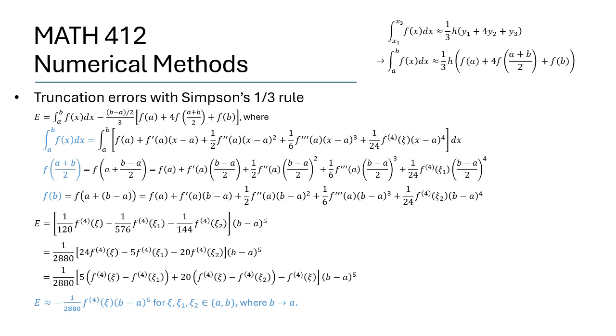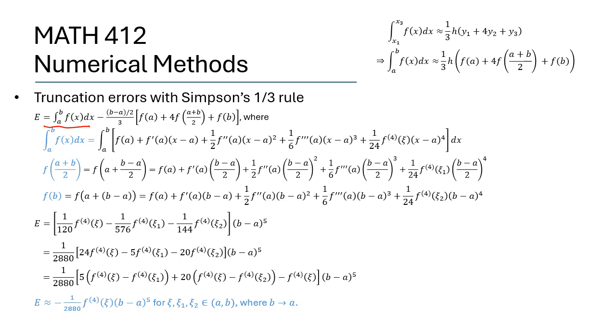Okay, the truncation error of Simpson's one-third rule. Forget about this, which one will we use? Again, here we try to examine the truncation error over two consecutive subintervals.